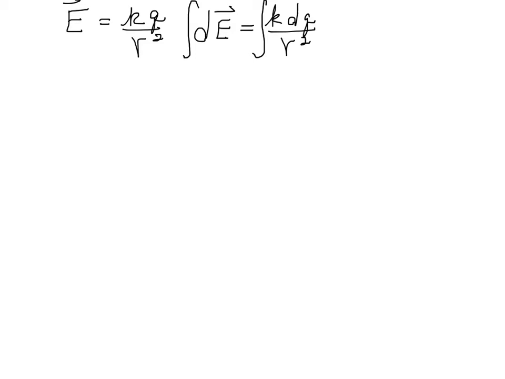Similarly, when we come to magnetic fields, there are no point charges. There are only wires carrying currents and fields produced by moving charges.